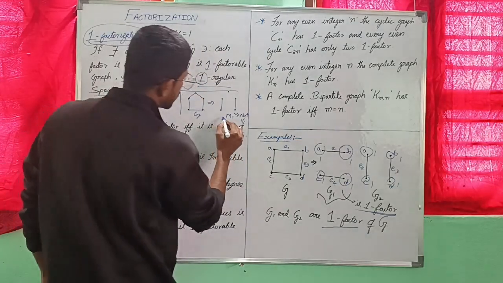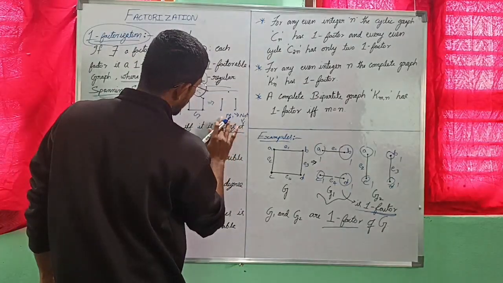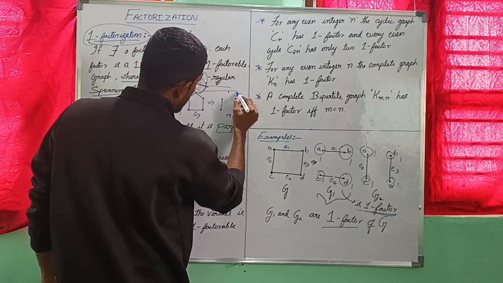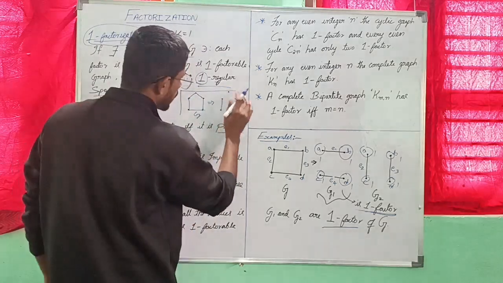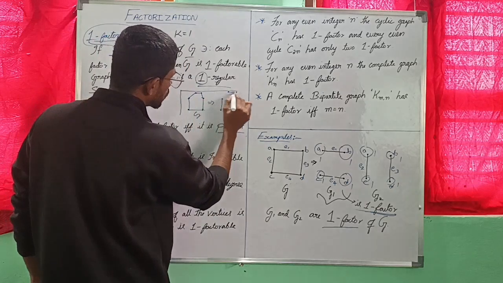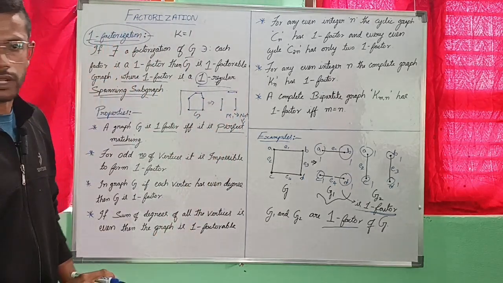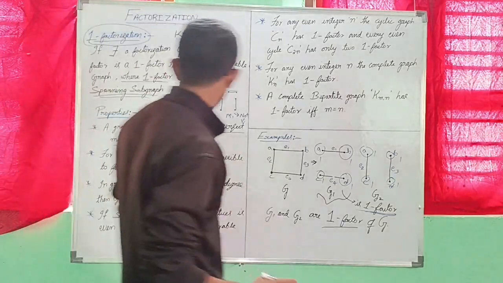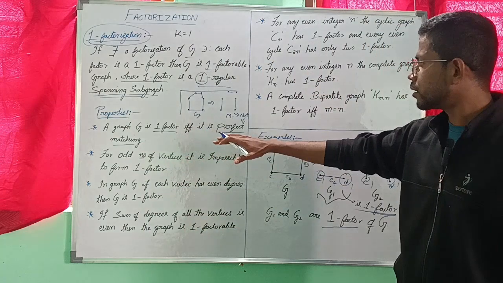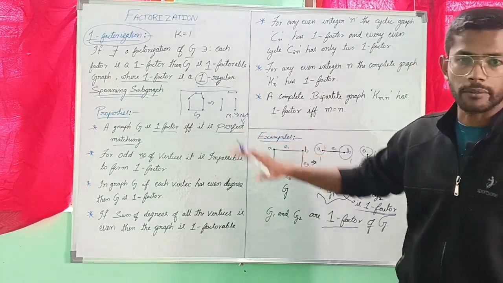If there is one more vertex, giving an even number of vertices, this is also a perfect matching. So this is what a perfect matching is. A graph G is one factorable if and only if it has a perfect matching.